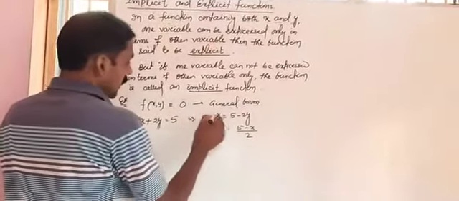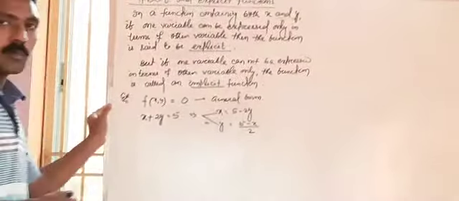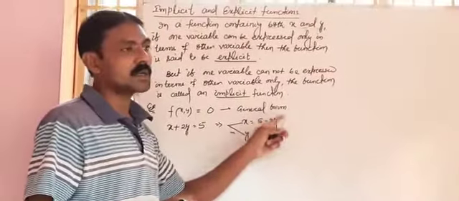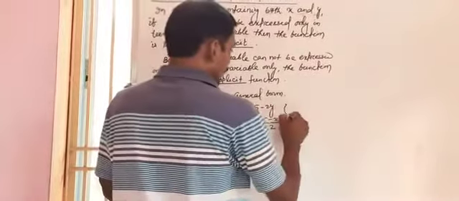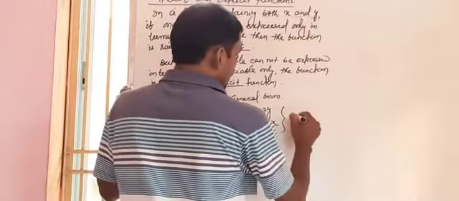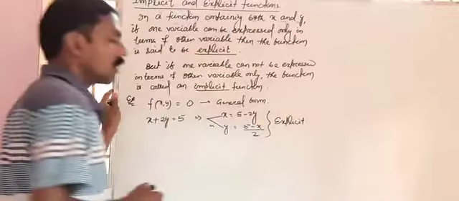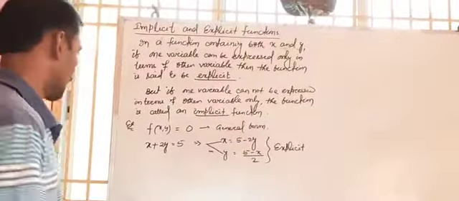This contains two variables x and y, so easily we can write one variable in terms of the other. Here only y is there on the right hand side, no other variable. Here only x is there. So this type of function is called explicit, means where one variable is expressed only in terms of another variable.